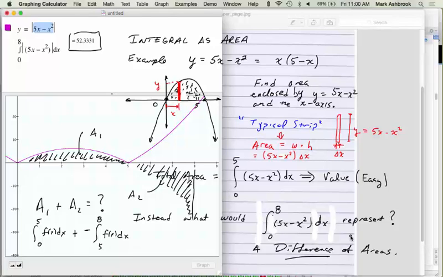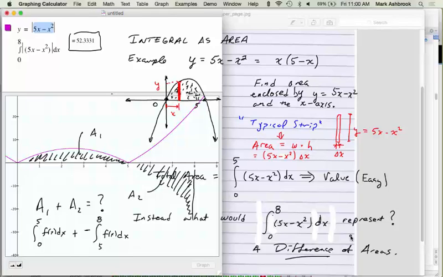Is the modulus of the function about the same as what we have down there? Is the modulus of 5x minus x squared equivalent to the area we're getting from 0 to 5, and from 5 to 8? I didn't understand your question. Did you say mod? Is this area the same as what we have out there?